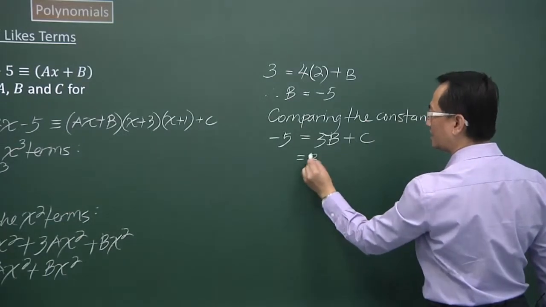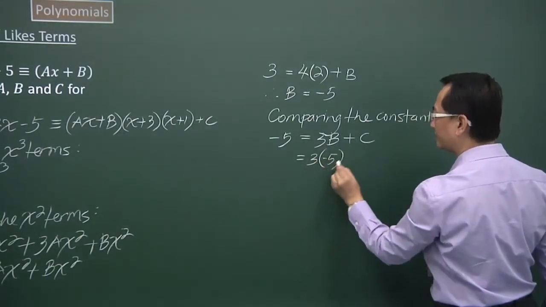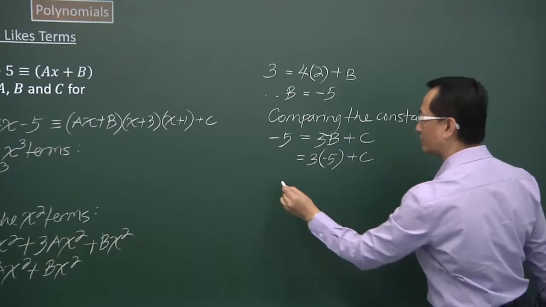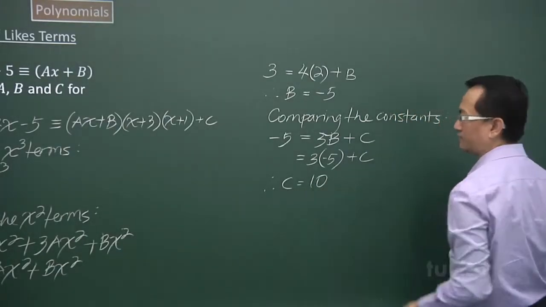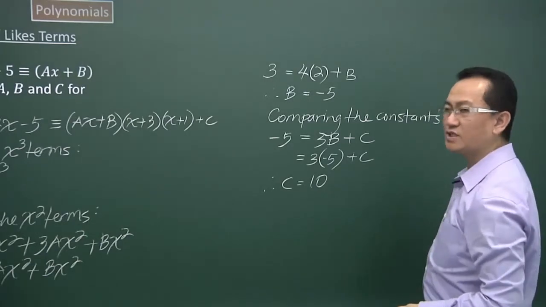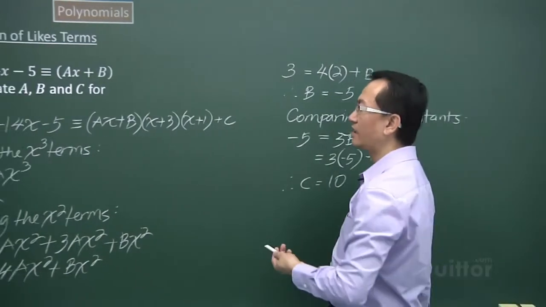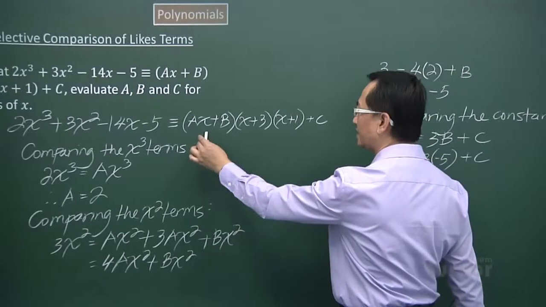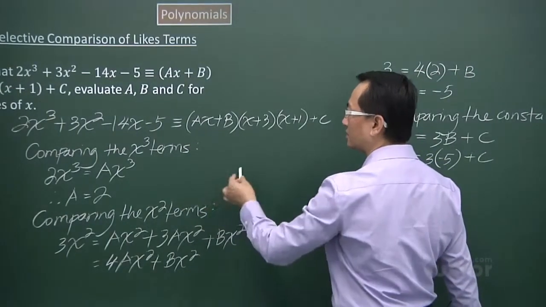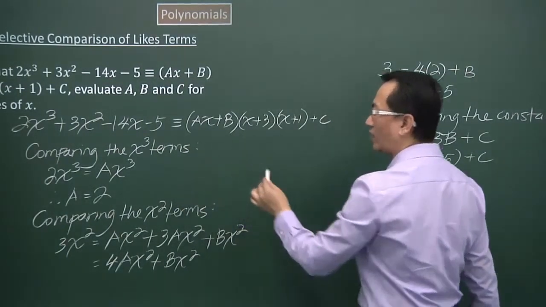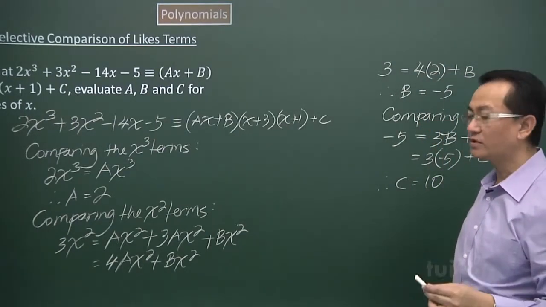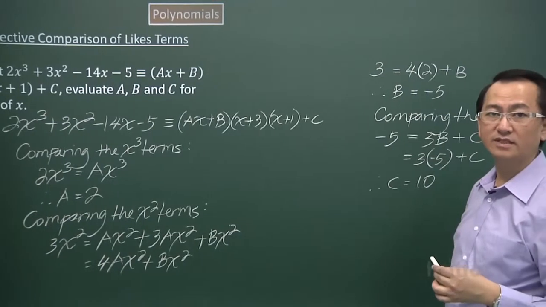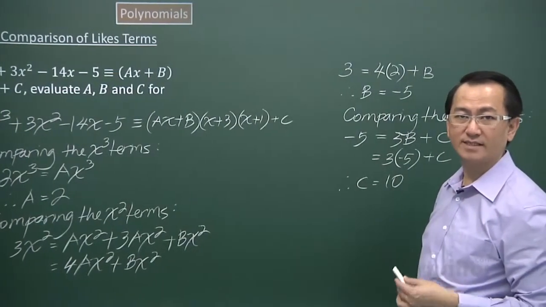So b is just -5. So therefore, c is equal to 10. So by this way, you realize I've not expanded this, but chose to just compare whatever terms that I need to compare in order to solve for the constants of a, b, and c.